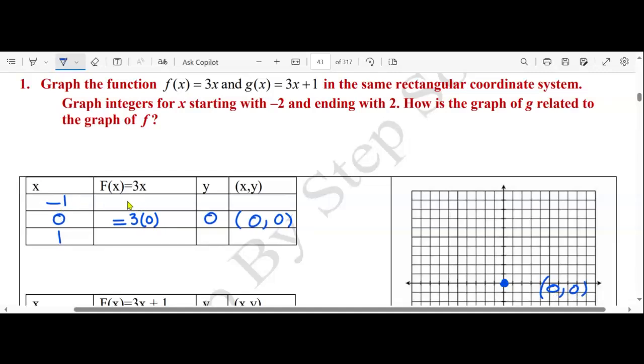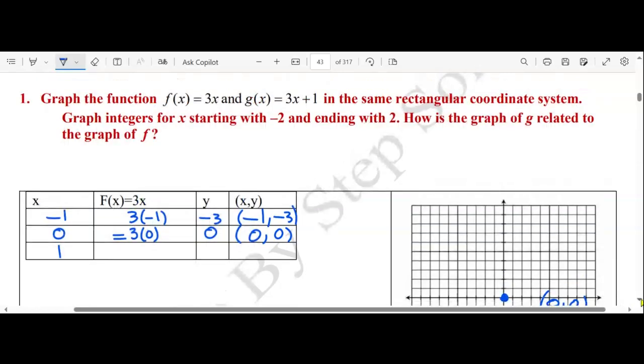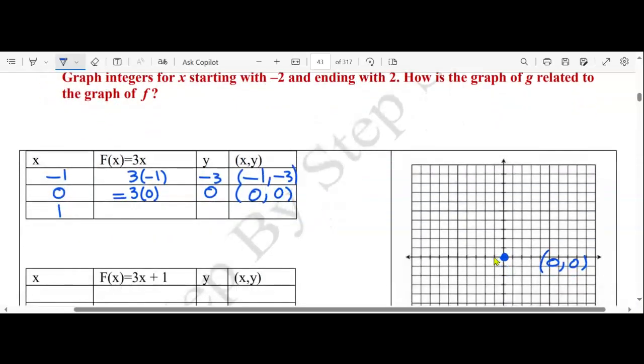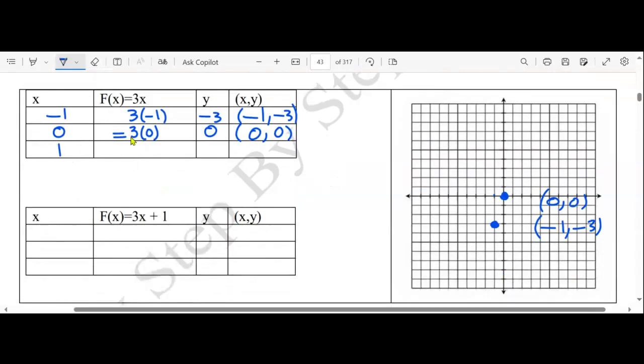-1 is going to be how much? How much is y? -3. So it's -1, -3. Where is -1? -1 here, and -3 where? Here. Then 1 is going to be 3.